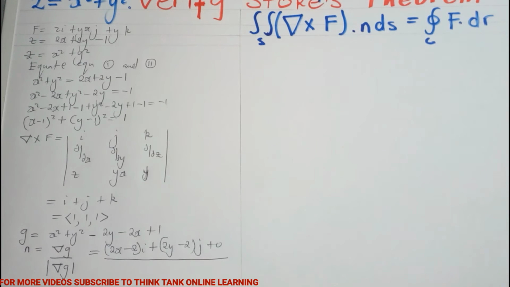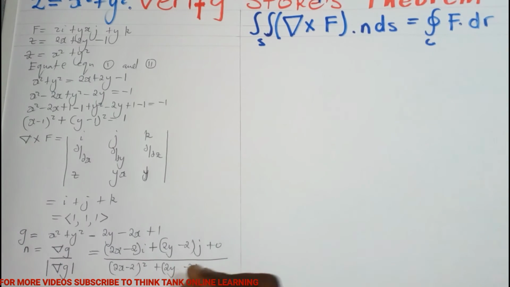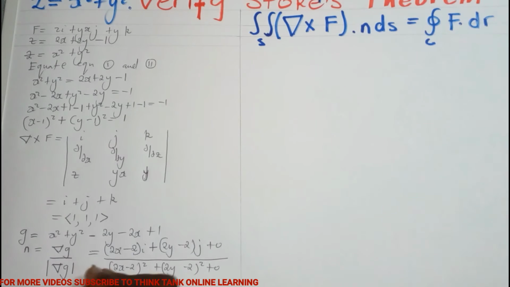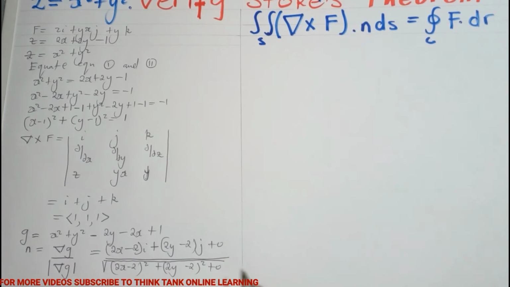I'm going to square the x component, the y component, and the z component, so it's going to be the square root of (2x minus 2) squared plus (2y minus 2) squared plus 0. And I'm not going to simplify it.